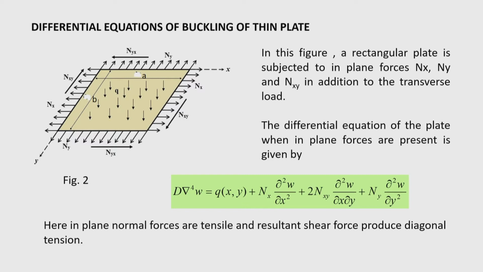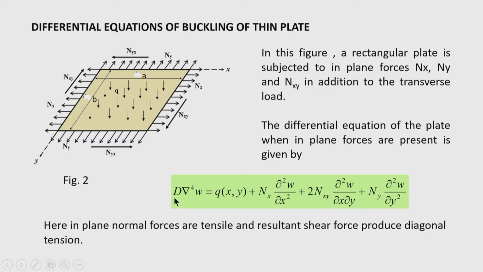Now, if I consider the action of in-plane load as a fictitious load on the plate, then we write the equation of the plate subjected to simultaneous bending and stretching, that is the simultaneous action of this transverse load and in-plane forces. Then we can write it as D del^4 w equal to q(x,y) plus N_x del^2 w/del x^2 plus 2 N_xy del^2 w/del x del y plus N_y del^2 w/del y^2.